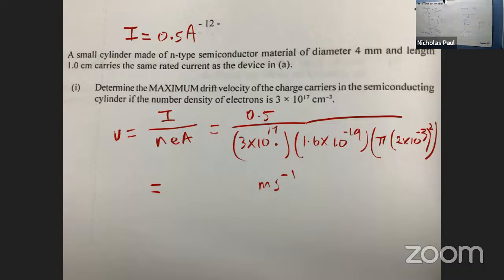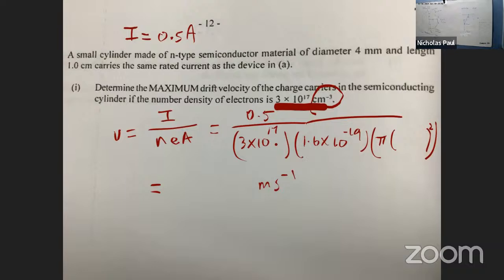Oh, right. You'll recognize that the density is in centimeter cube, right? So we need it in meters, or we can leave the millimeters and centimeters, right? This is 3 by 10 to the 17 per centimeter cube, so it might be hard to convert that to meter cube.